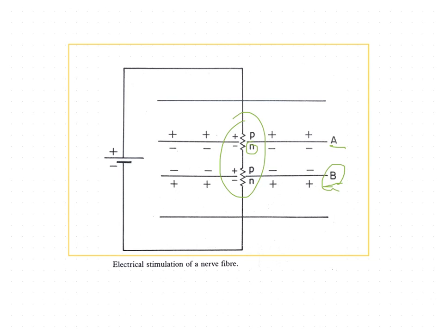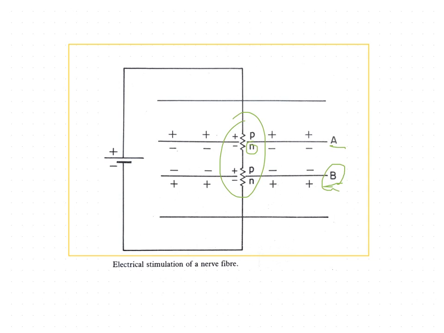Now, the current spreads in the tissues, so the current density is rather less on the further surface of the nerve fiber than on the nearer one, and in consequence the anode is less effective than the cathode in initiating an impulse.